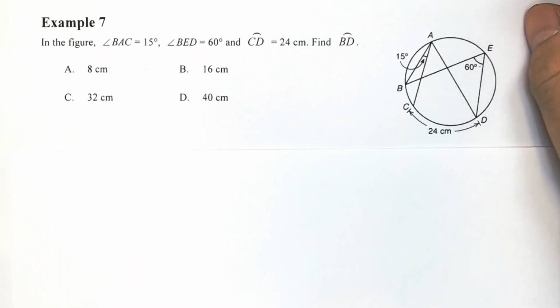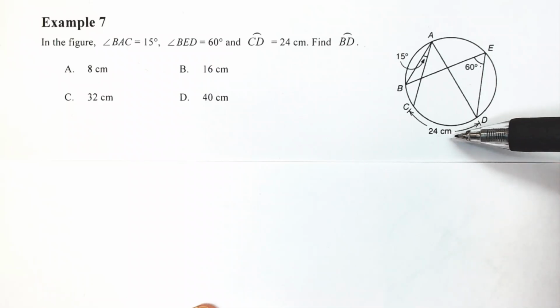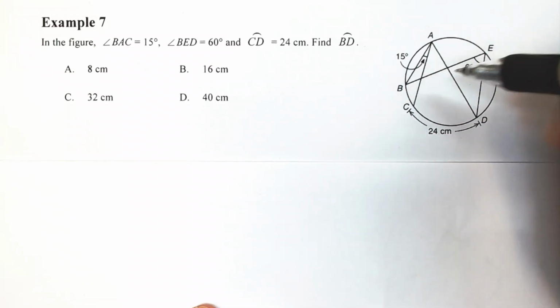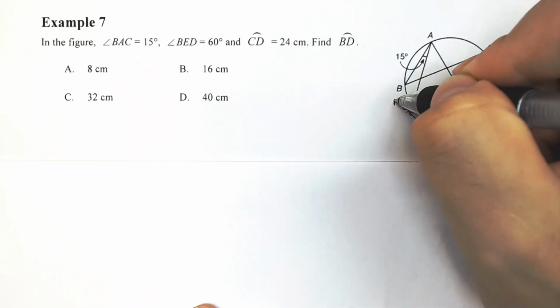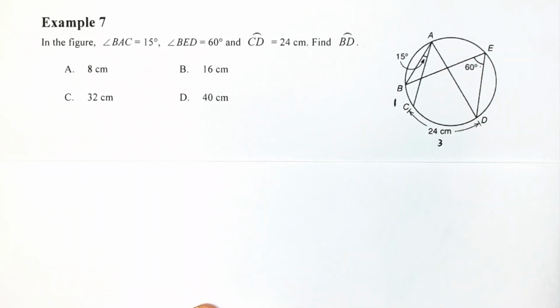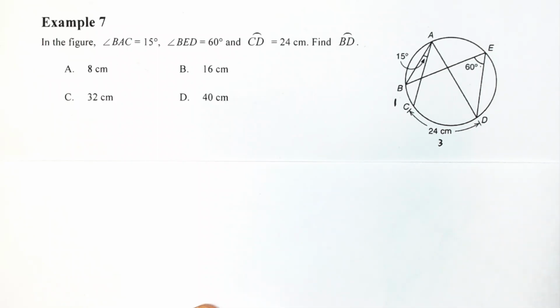We know that CD is 24 cm, and since BC to BD is 1 to 4, BC to CD is 1 to 3 instead. For 3 portions of length 24, 1 portion is of length 8 cm. So the answer is A.